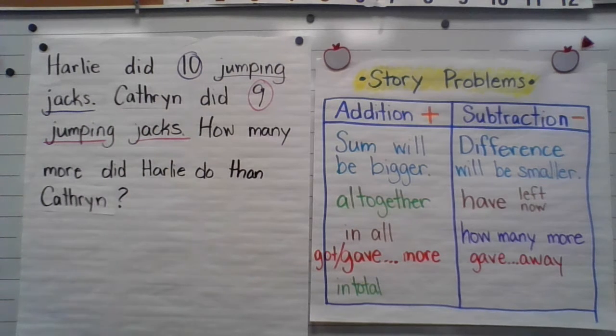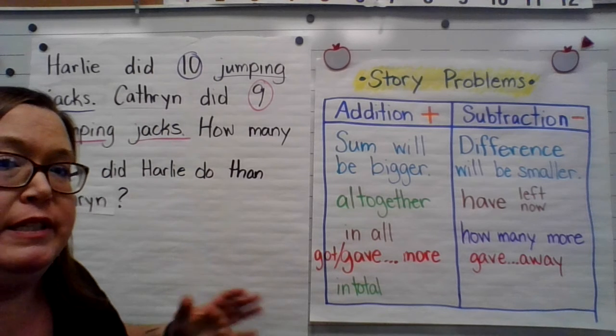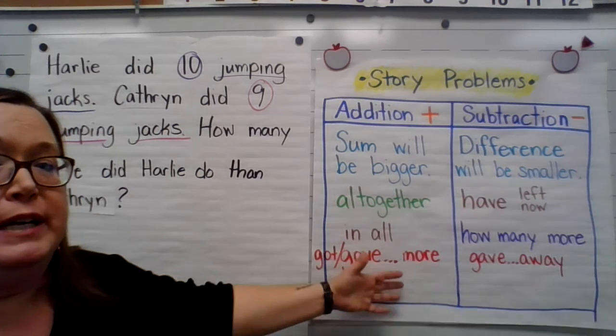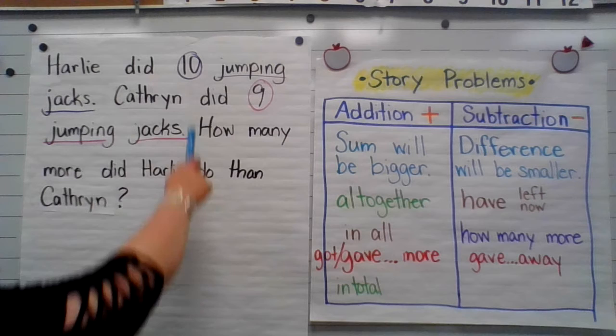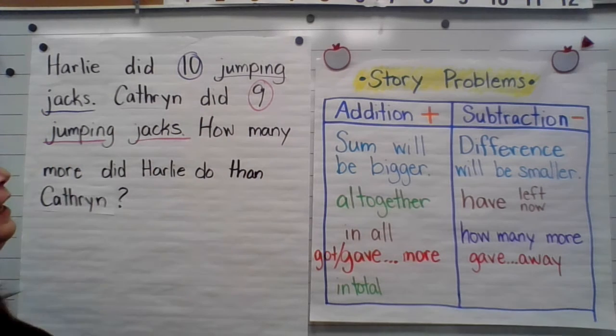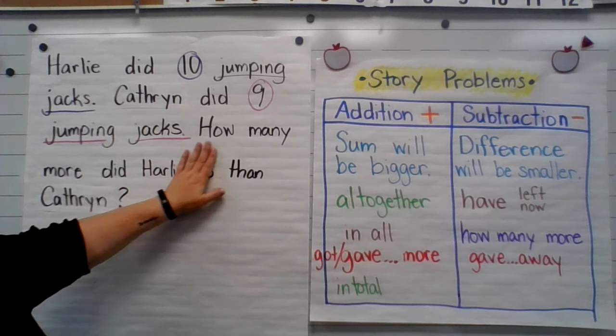And then we also want to think, what are we going to do to solve this? So our next important words are going to tell us whether we are adding or subtracting. Because we already know the numbers, 10 and 9, but what are we going to do? We don't know yet. So let's read the rest.